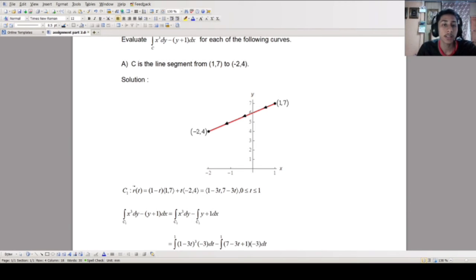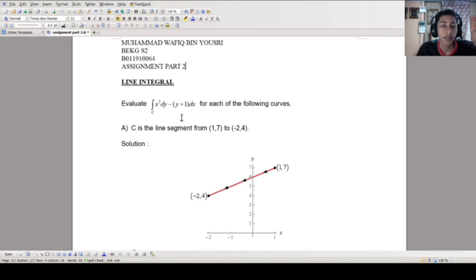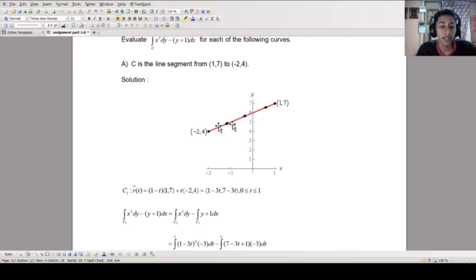So the question here: given a function, find the line integral along the line segment from point (1, 7) to (-2, 4). The first thing we need to do is sketch the graph to see it clearly. This is the point (1, 7) and this is the point (-2, 4).